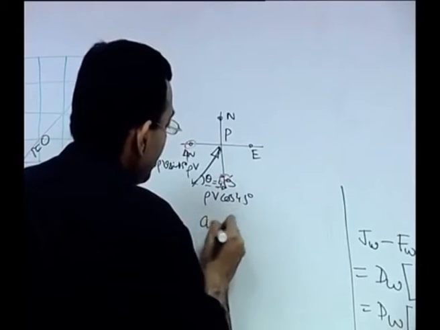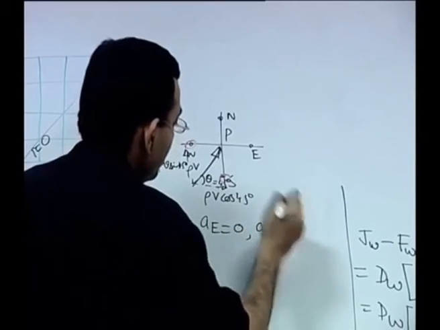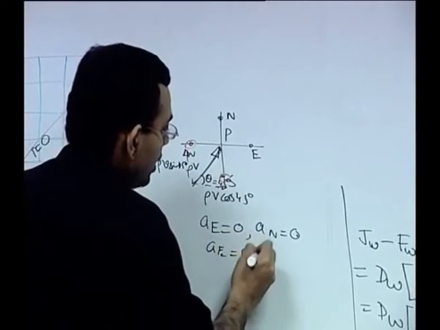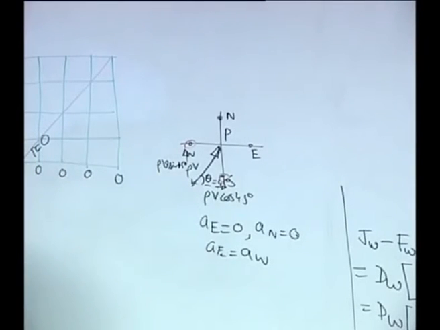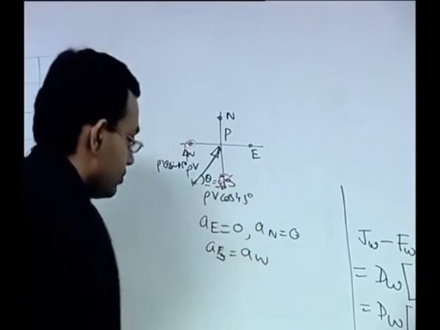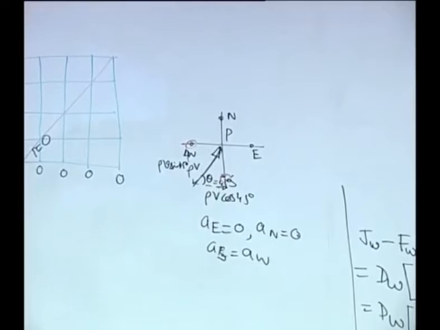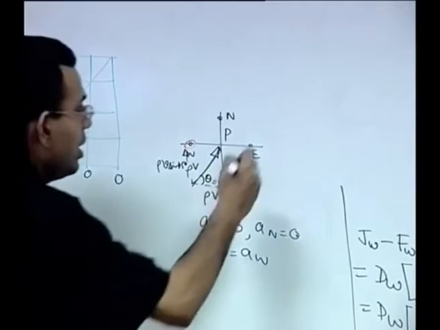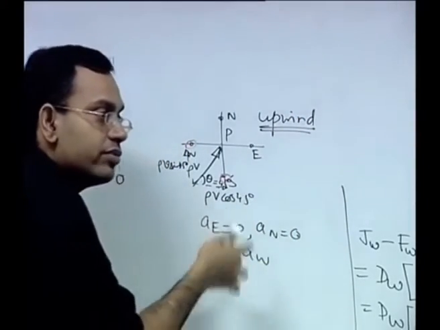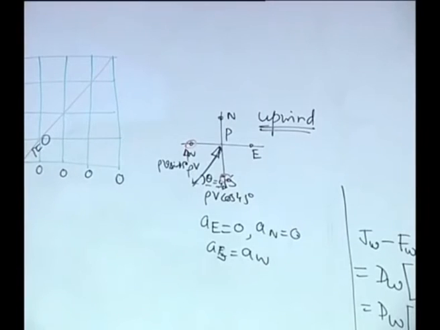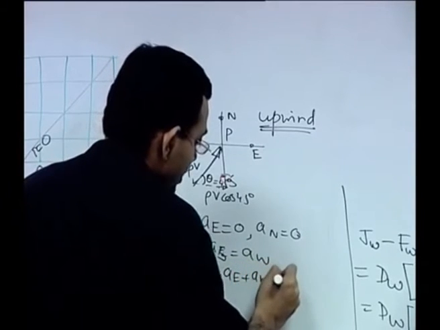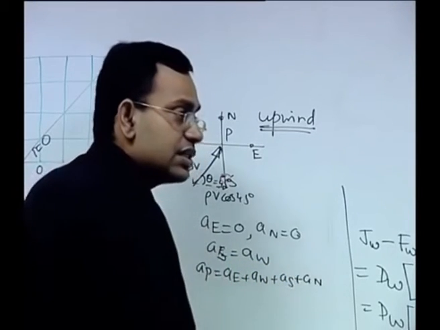So you have AE equal to 0, AN equal to 0, and because cos 45 degree and sin 45 degree are the same, you have AS equal to AW. Remember, we are using the upwind scheme. Instead of using the formula, we are directly using the concept of the upwind scheme to do it quickly. Then AP is equal to AE plus AW plus AS plus AN, considering a steady state problem.